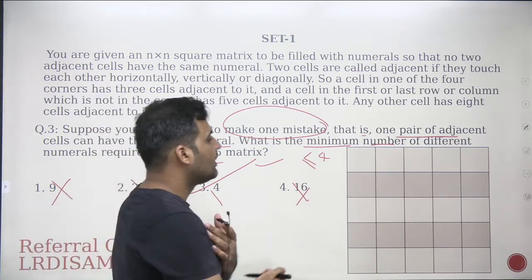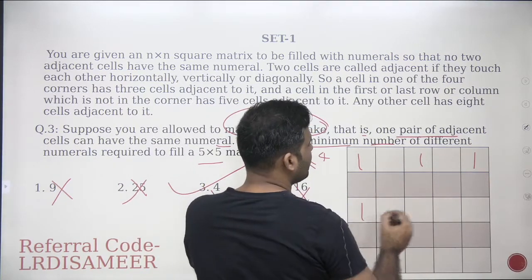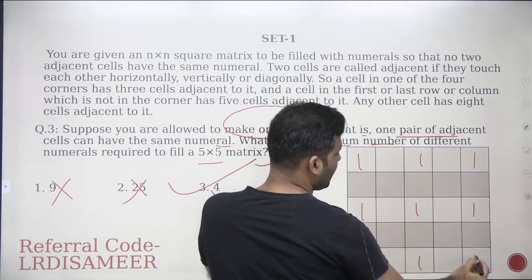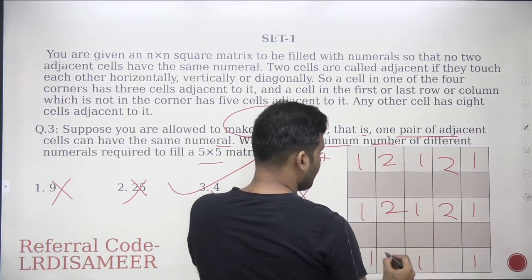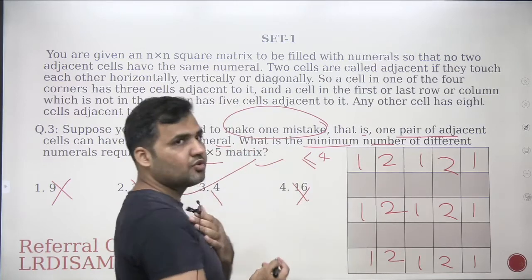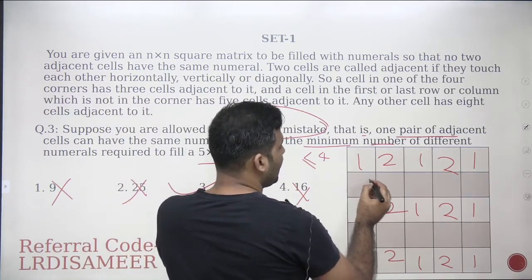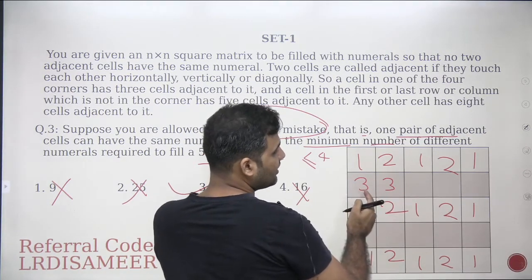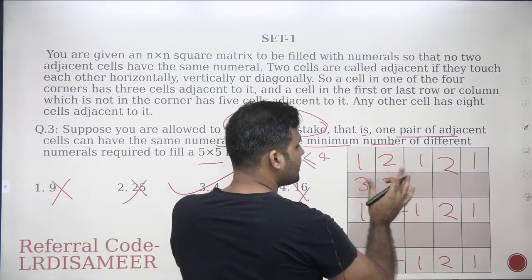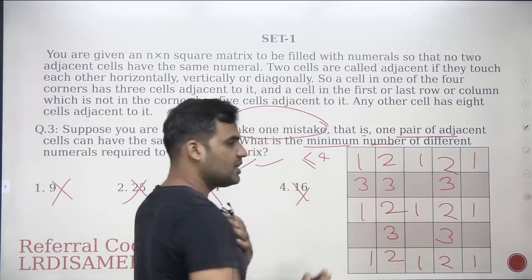Anyways, let's look at it theoretically also. We see that the maximum number of times 1 can be used is at these places, and 2 can be used over here. Now because one mistake is allowed, even if I'm using the number 3 at these two cells, I will still require 3 here to fill here. Now you see that I have committed an error.